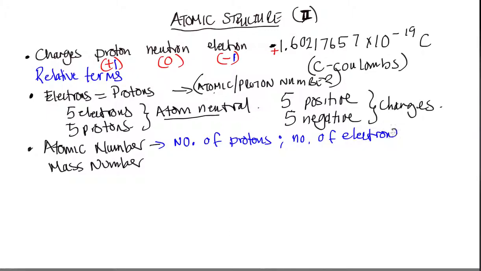That's the atomic number, and the mass number is protons plus neutrons, and these are found inside the nucleus.